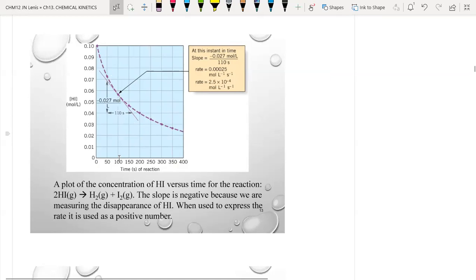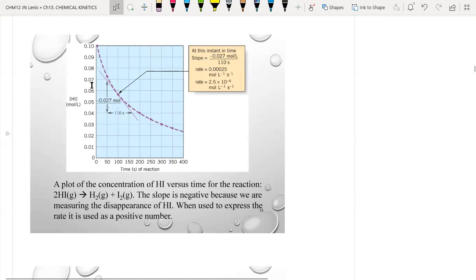So at this moment, the instantaneous rate, which is the tangent to that, will be the change of this concentration here, which we measure from here to there, negative 0.027 moles per liter. That's the difference of concentration from this point to this point. And it's negative because it went down.